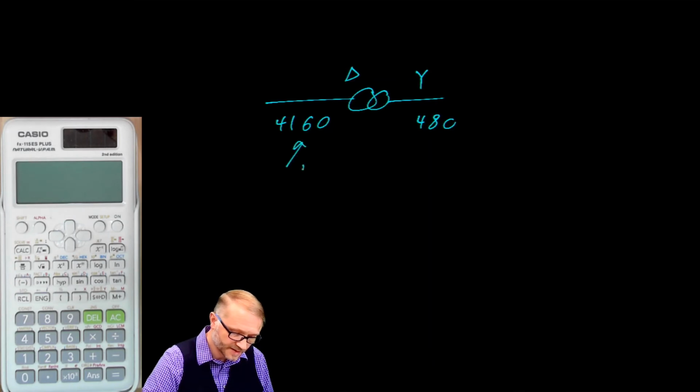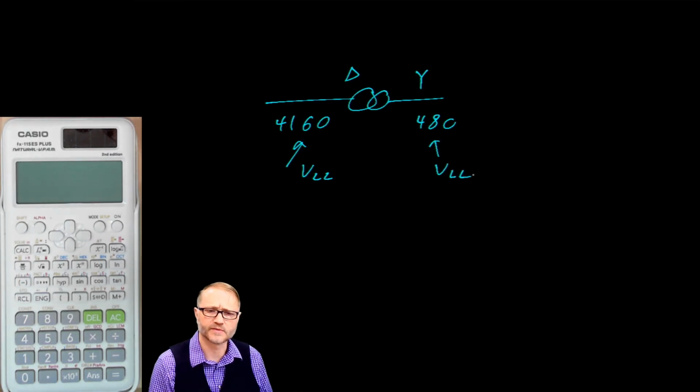Remember that this here is a voltage line to line, and this is another voltage line to line. I think I addressed that before, that if you see a number all by itself, that is an RMS voltage, and it means volts line to line, or phase to phase.